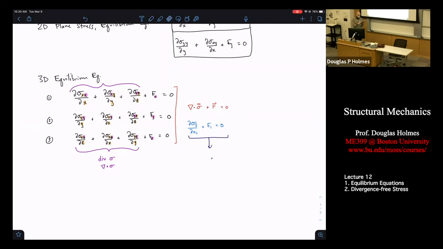Hold on. We'll let xi be x1, x2, x3, which in Cartesian coordinates means x, y, and z.